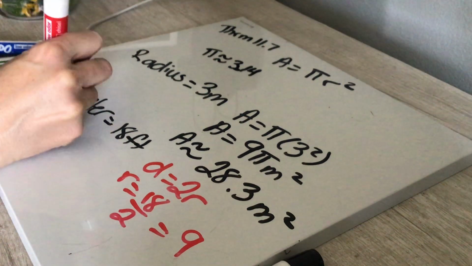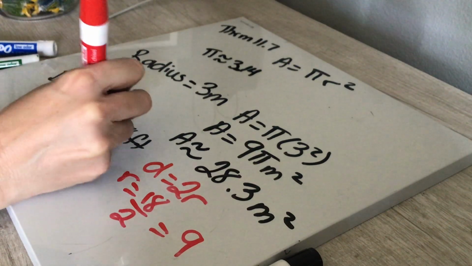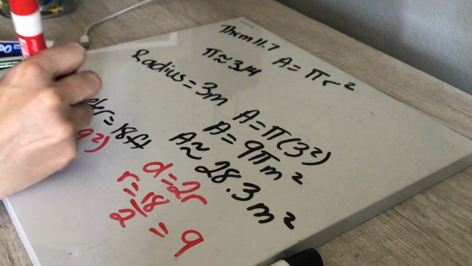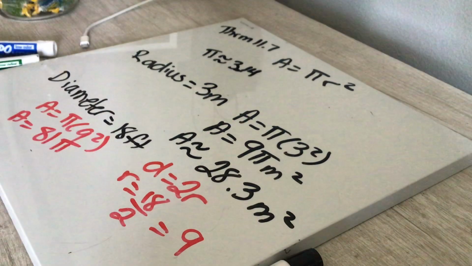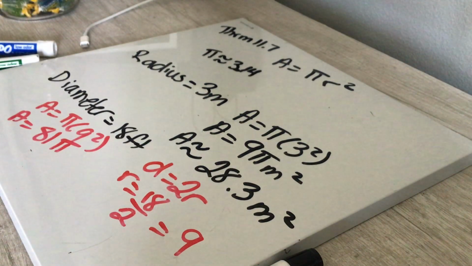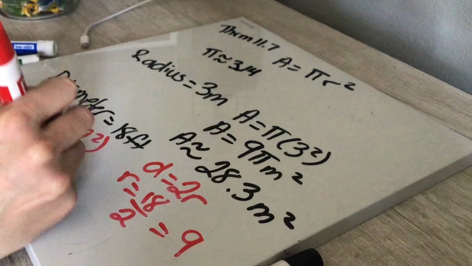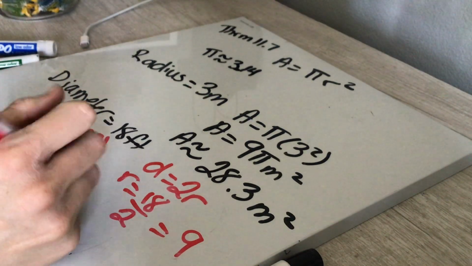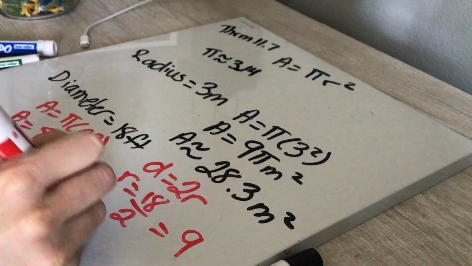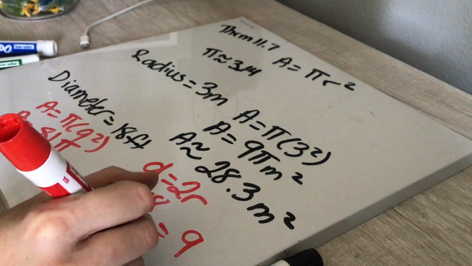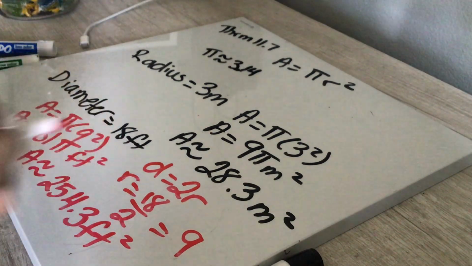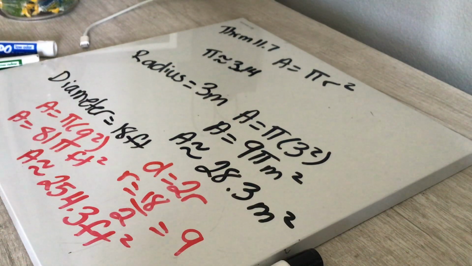So then the area is pi times 9 squared. 9 squared is 81. So our area would be 81 pi. If you want a decimal for that, it's going to be about 254.3 square feet. Okay? So you just need the radius and you can find the area. Remember that diameter is twice the radius. Okay? All right.